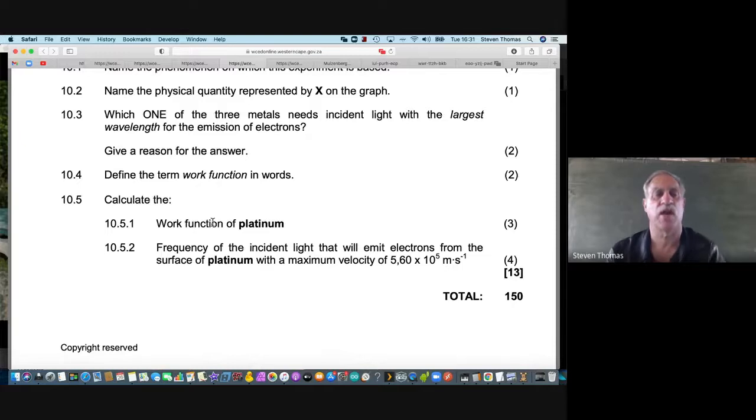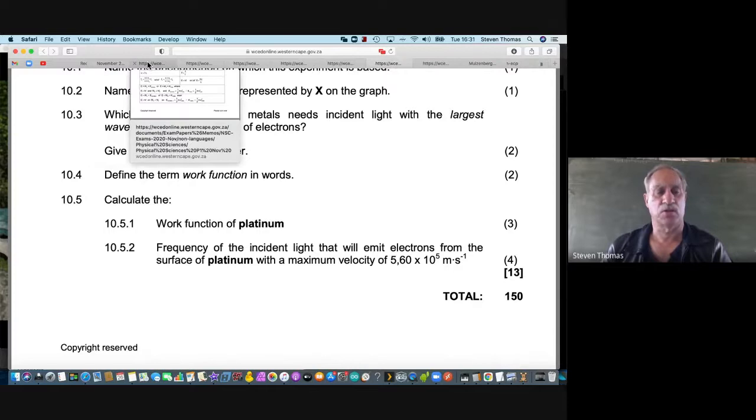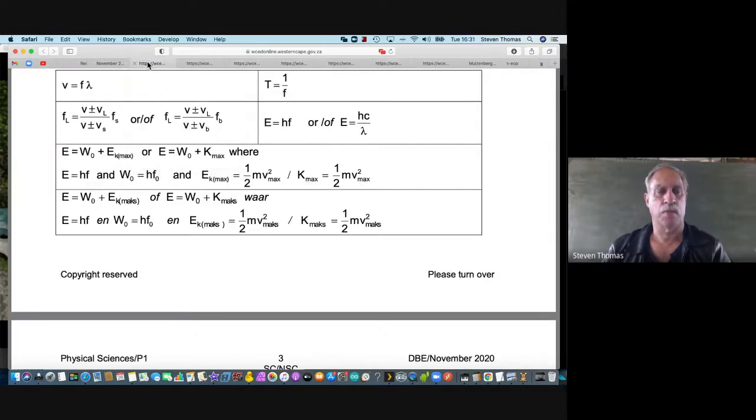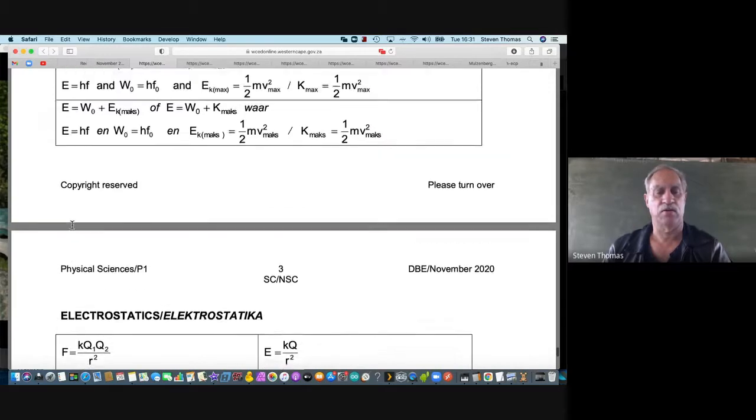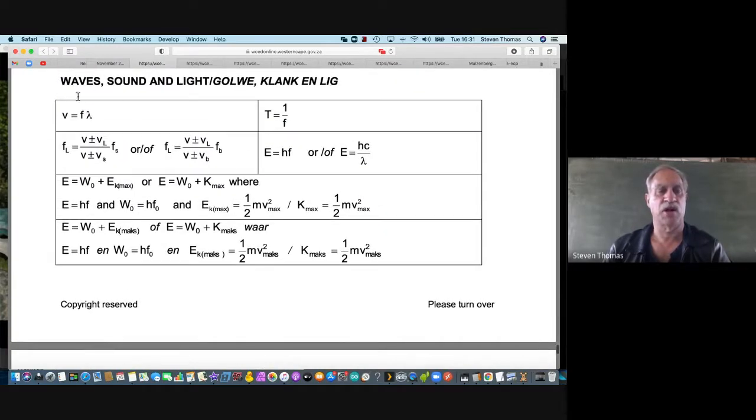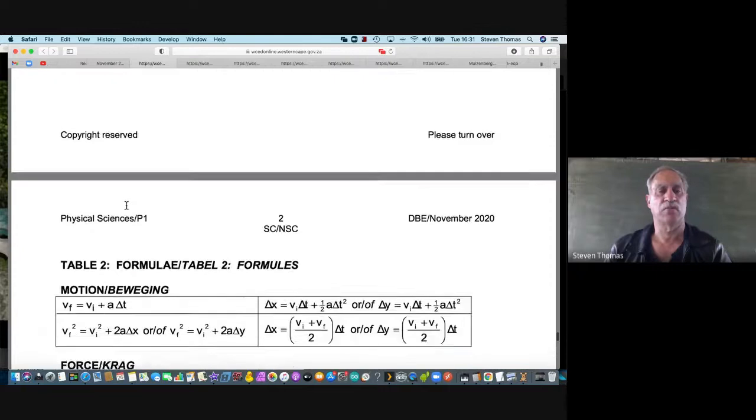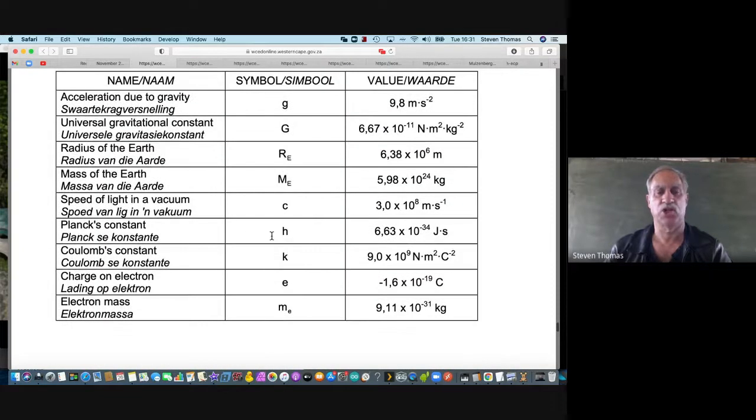If we go to our data sheet, right here at the end, under wave and sound, we've got energy equals work function plus EK max, and work function is equal to Planck's constant times the threshold frequency. So if we know the threshold frequency and Planck's constant, we can find the work function. Planck's constant is at the beginning here, h equals 6,63 times 10 to the minus 34.